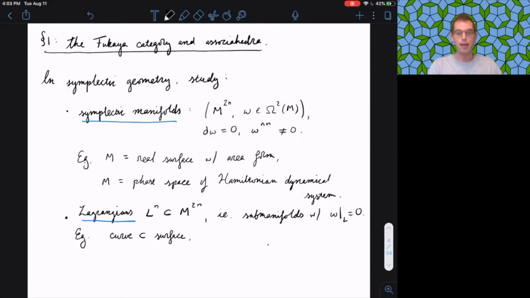And these are any embedded submanifold of half the ambient dimension with the property that the symplectic form vanishes on them. So one example of that would be any curve inside of a surface. So for instance, here's a symplectic manifold, the sphere. And here's a Lagrangian.